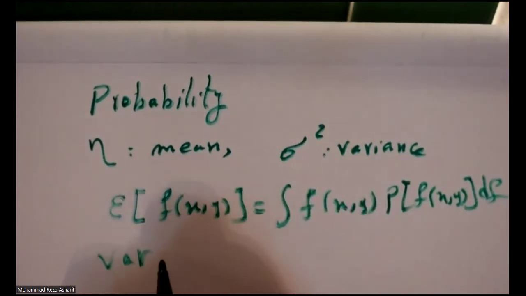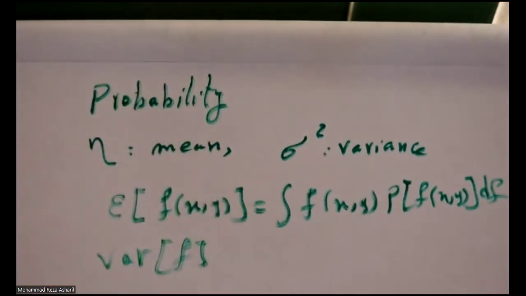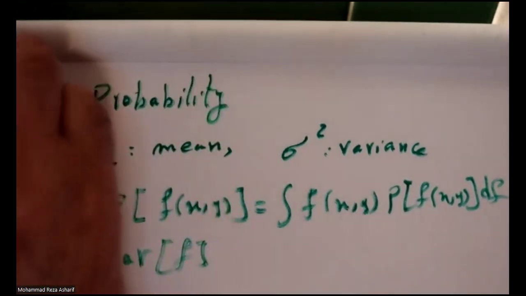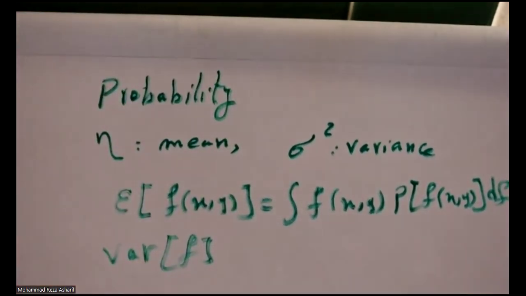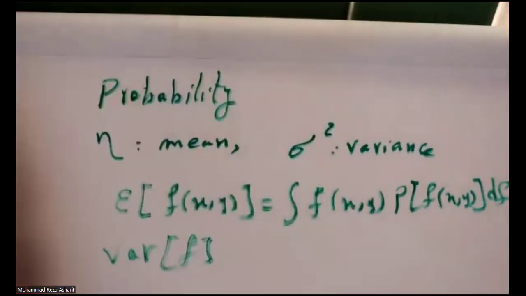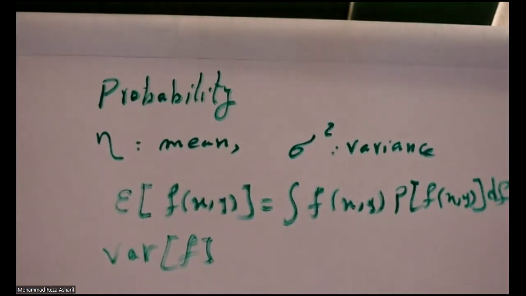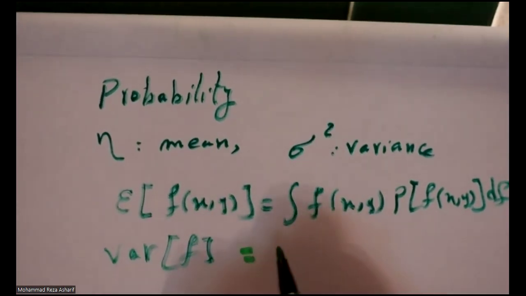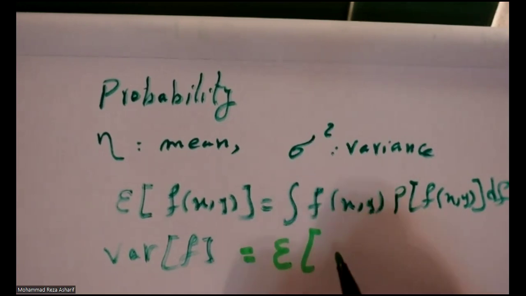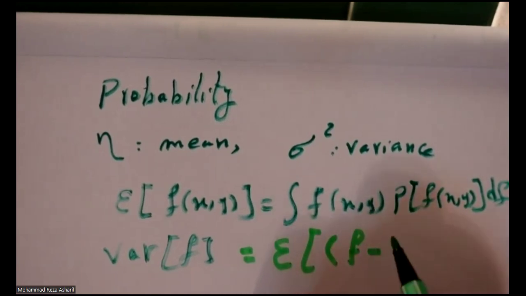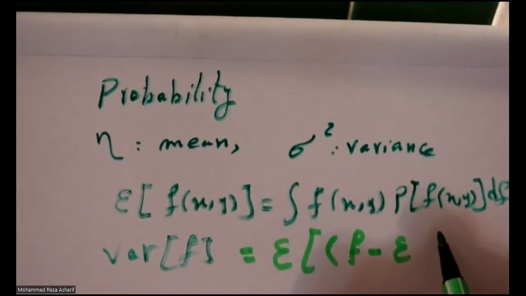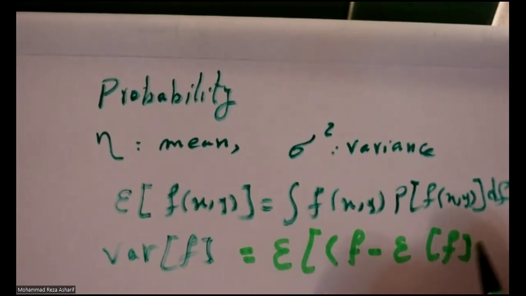Variance can also be defined. Var of f is defined by the expected value of f minus the expected value of f, and this is, of course, squared.